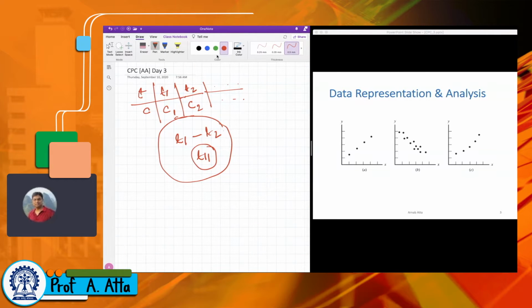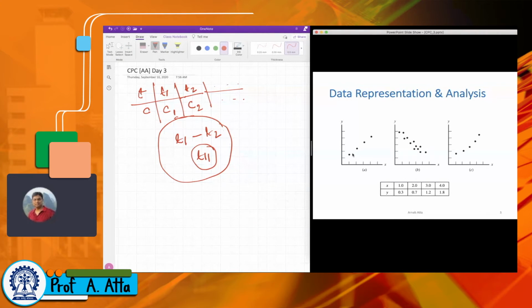Say ideally you have got this kind of scattered plot. This is the very easy part 1. Here, if you see that this falls in a straight line, it is easy to derive a straight line expression.